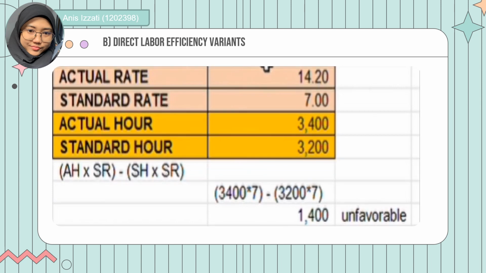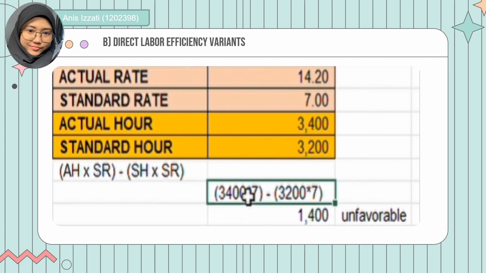Direct labor efficiency variance. Okay, the table for the actual rate and standard rate, also actual hour and also the standard hour, is the same as before. The formula is actual hour times standard rate, and then the second one is standard hour times standard rate.